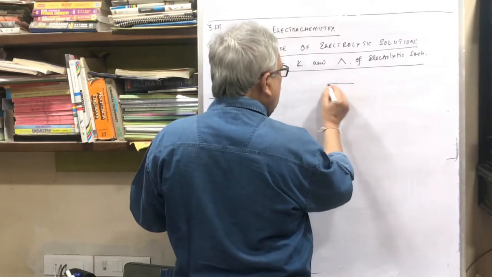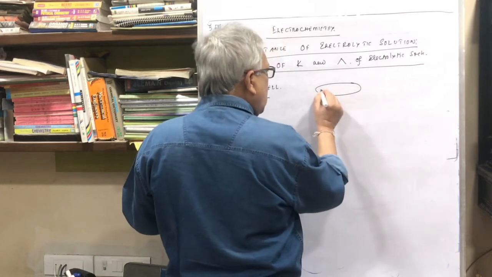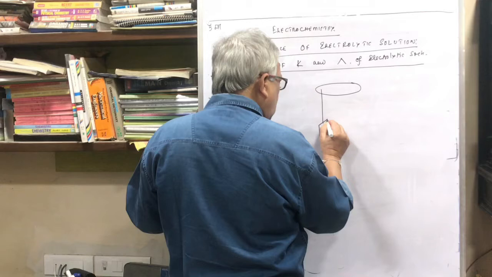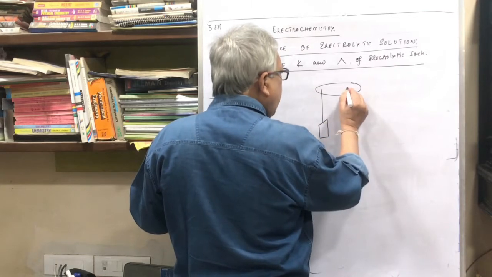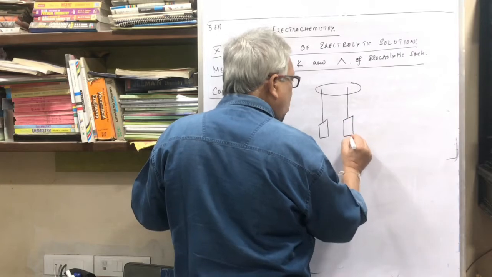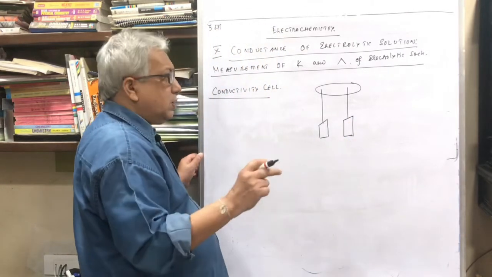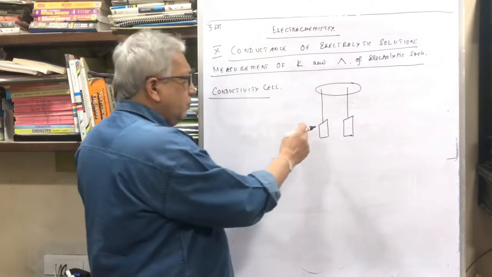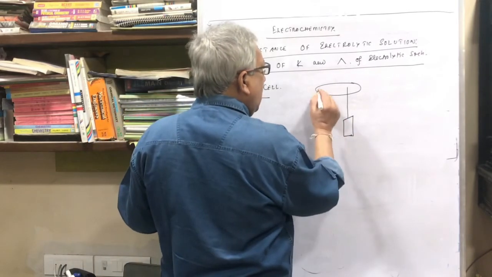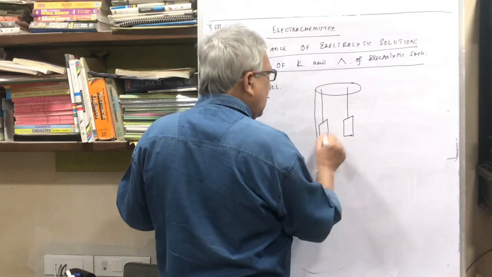So suppose this is a glass tube. In the glass tube, the two platinum electrodes are coated with platinum black. Platinum black is a chemical which helps in adsorption, that is a surface phenomenon.